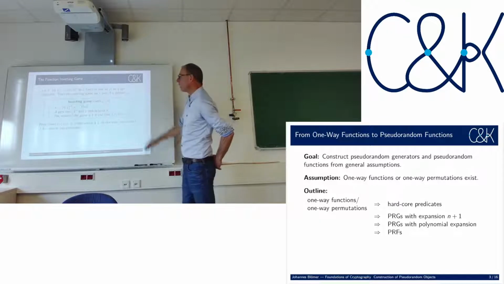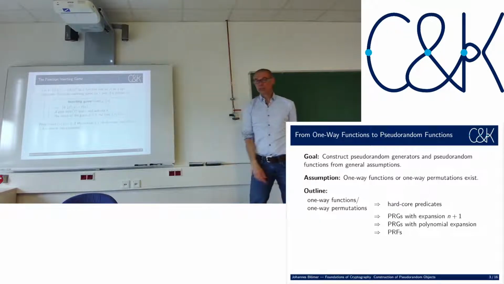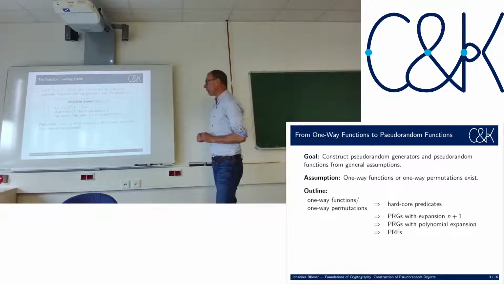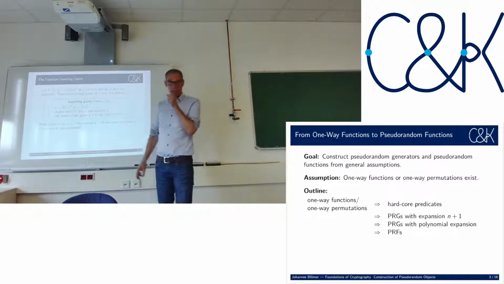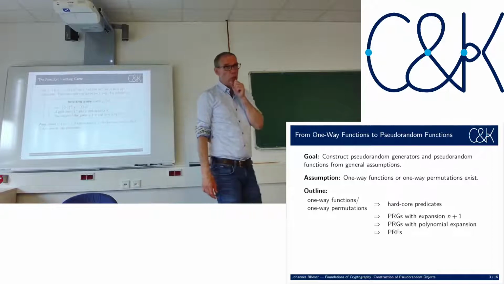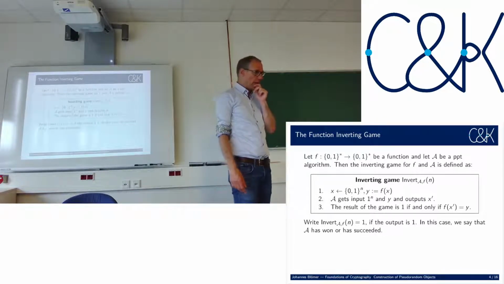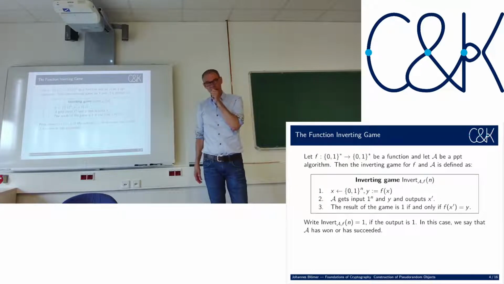Let f from {0,1}* to {0,1}* be a function. Let me stress that in one-way functions, we do not necessarily require that f is injective or even bijective. So this is an arbitrary function.